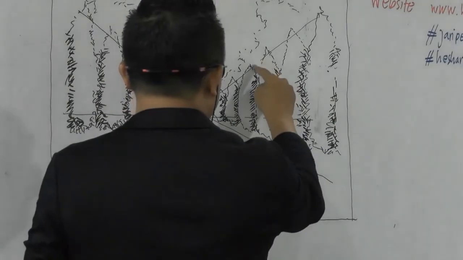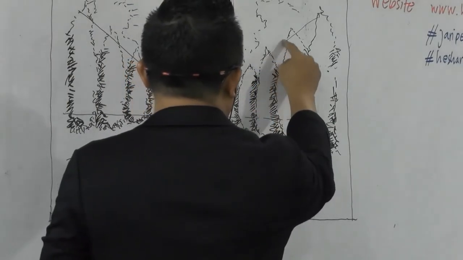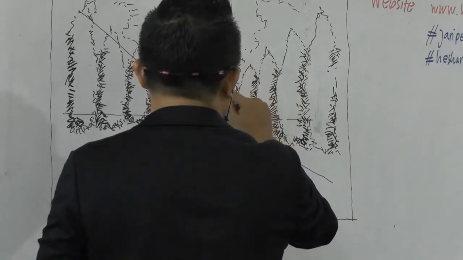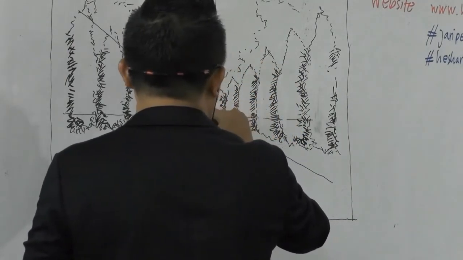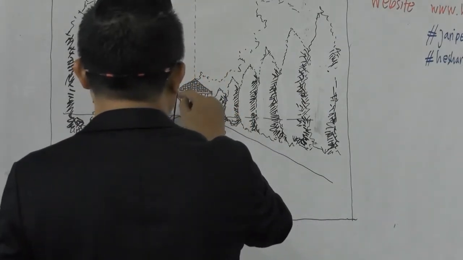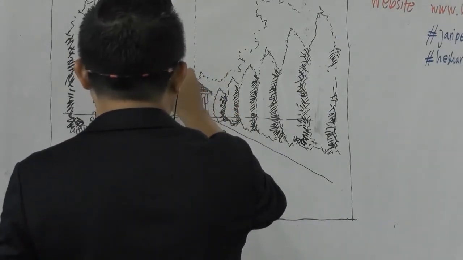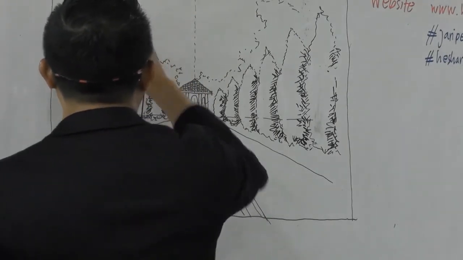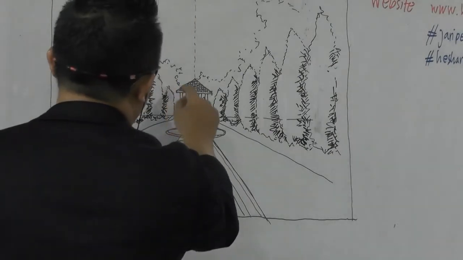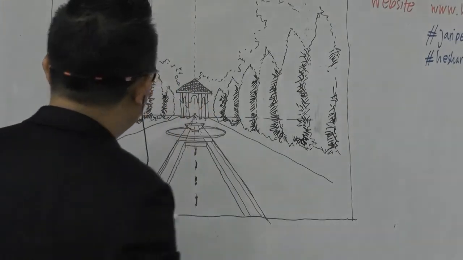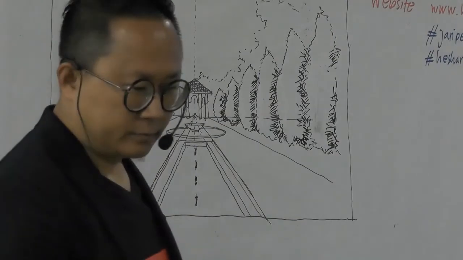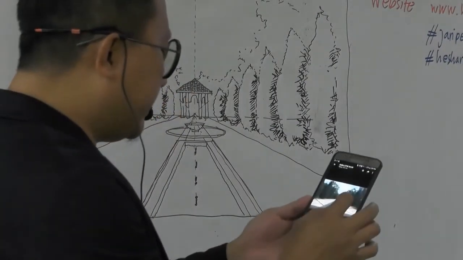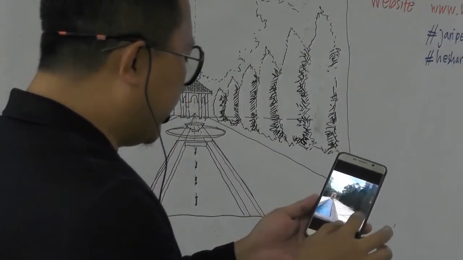Okay. Then you can start erasing this angle. If you look at this one, the floor pattern is in a diagonal manner.